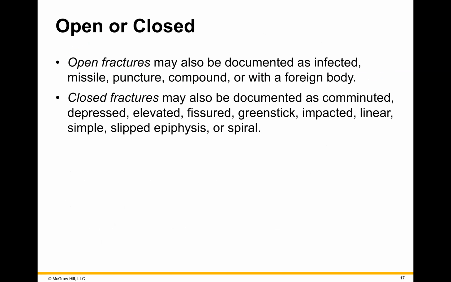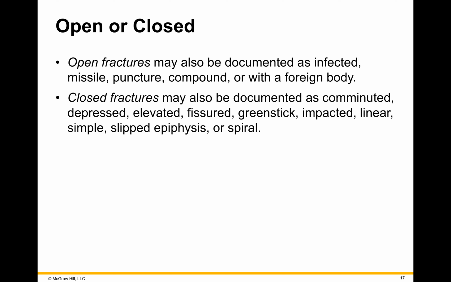One thing that's very obvious that we've seen and you've seen in other classes is whether a fracture is described as open or compound or closed, right? Closed fractures cover many things, including the comminuted, depressed, fissure, green stick, hairline, and others. Basically, these are fractures where the end of the bone doesn't poke through the skin.